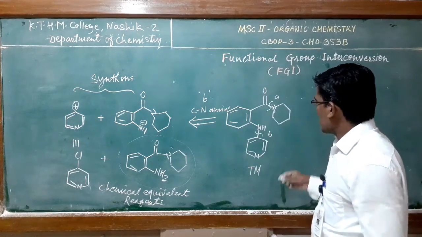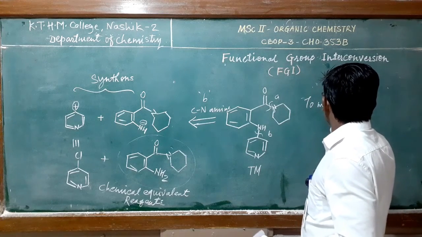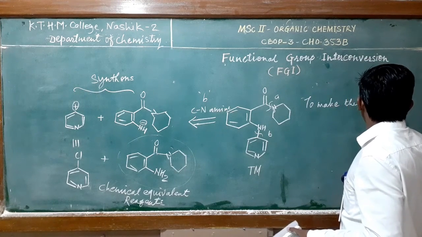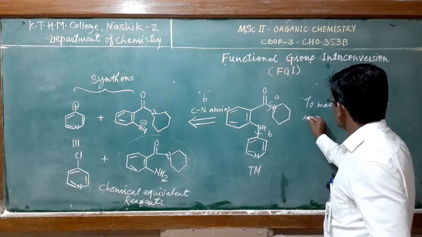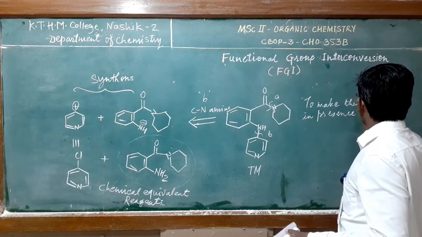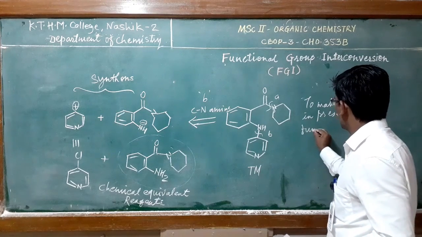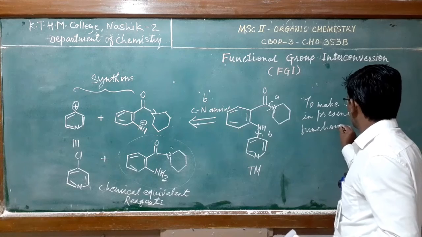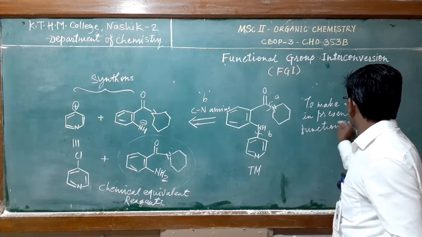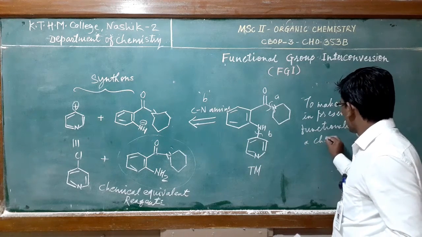So I should write here: to make the amide in the presence of amino functionality causes a chemoselectivity problem.